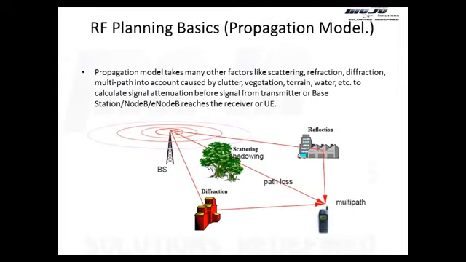Is it mountainous? On top of that there is natural vegetation: trees, grass, land. And over that there are man-made structures. Overall, terrain, vegetation and man-made structures make up what is called clutter.